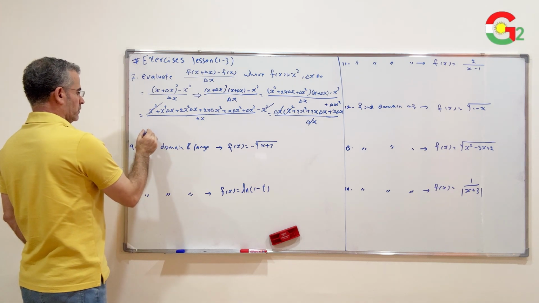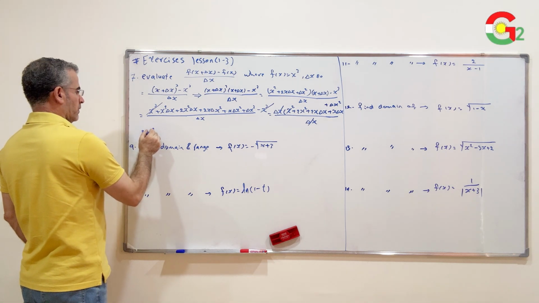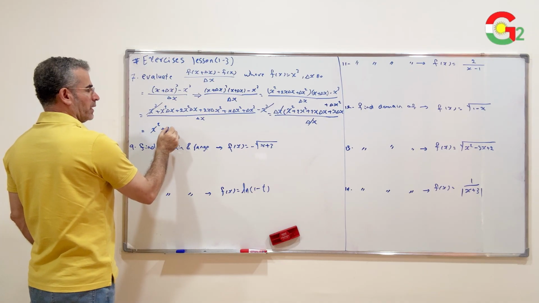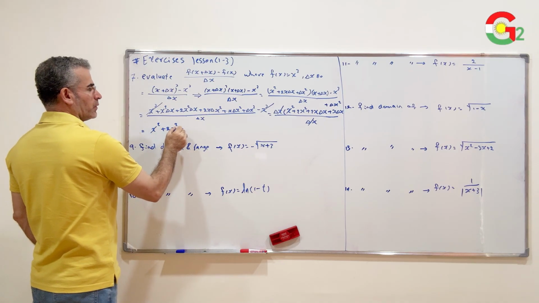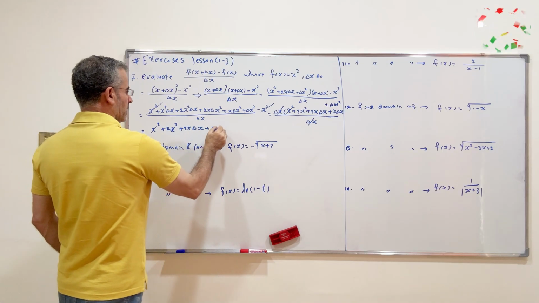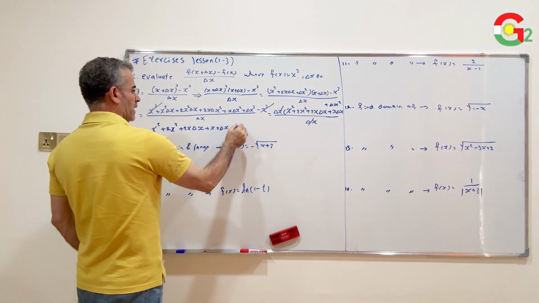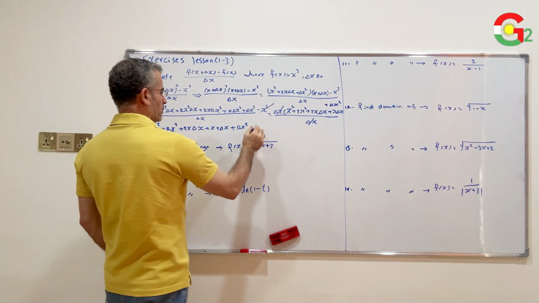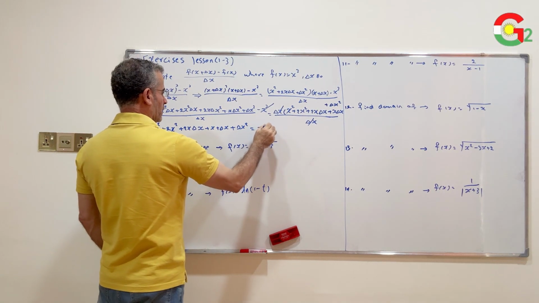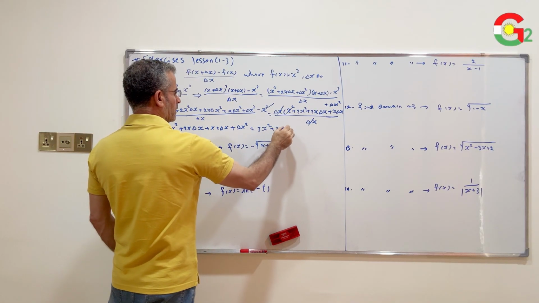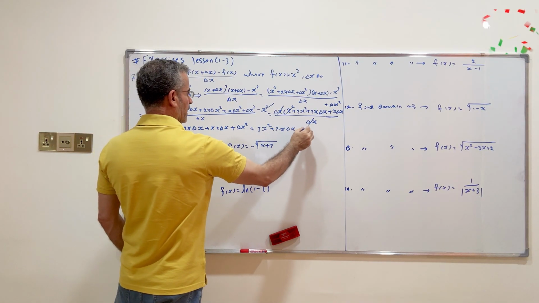This equals x squared plus 2x squared, which is 3x squared, plus 2x delta x plus x delta x, which is 3x delta x, plus delta x squared.